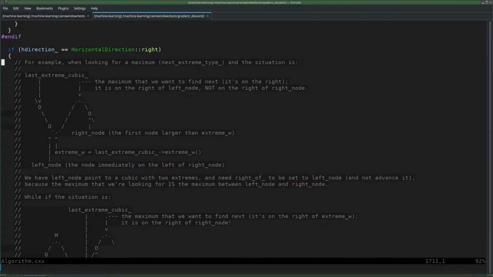For example, I'm looking for a maximum. I think we are looking for a minimum, but okay, the idea is the same. It could be like this. But it isn't like this, because this says that there is a left node. We don't have a left node.